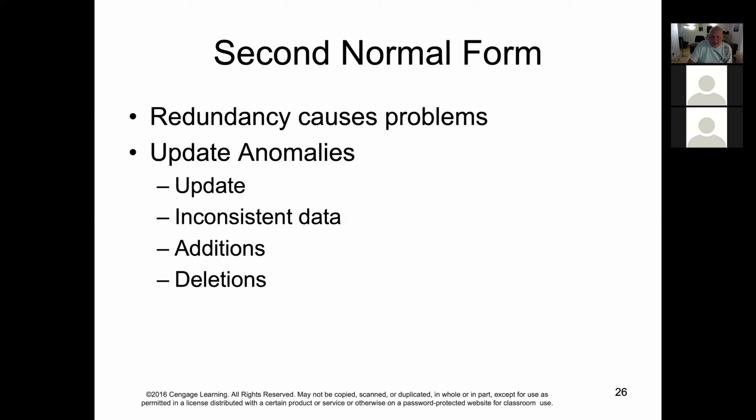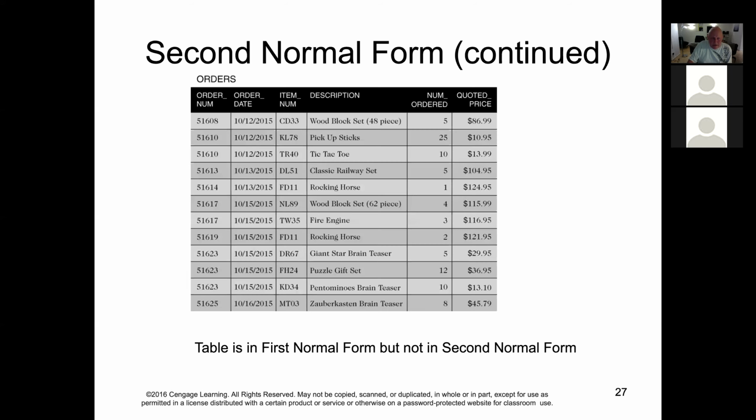So second normal form. Redundancy causes problems: update anomalies, inconsistent data, additions and deletions. This is an example that is in first normal form, but not in second normal form.